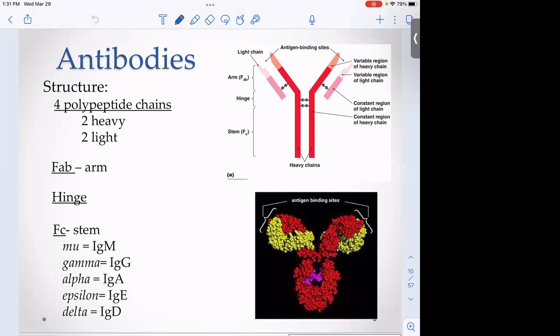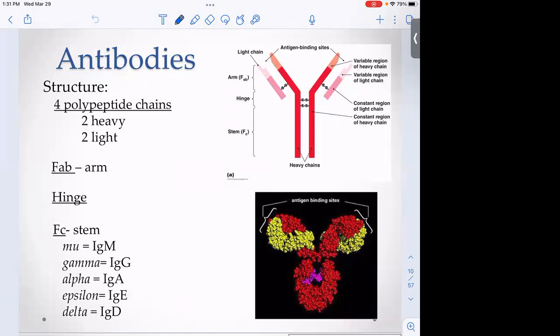Antigens are usually parts of some kind of pathogen that our immune system recognizes, and in response will make antibodies to target those antigens. So let's talk about antibodies, and then we're eventually going to get to how antibodies are made and what activates their process, as well as a cell-mediated response, which is a little bit different.